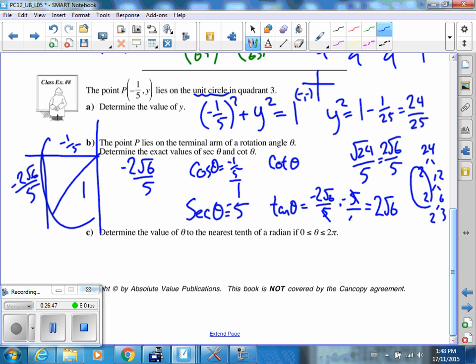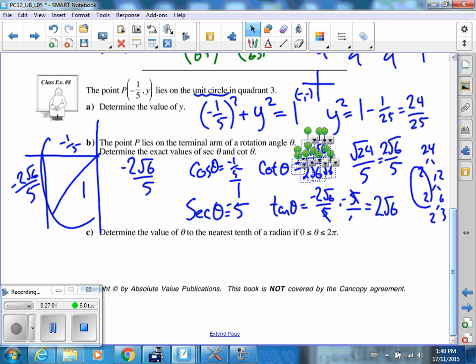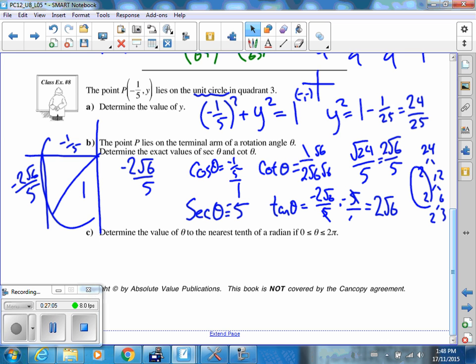And then the cotan is then 1 over 2 root 6. Rationalized is then, goodness gracious. Okay, I've got lots of stuff going on here. Let's move this over. That little shaky thing worked. Okay, so root 6 over 2 times 6, so root 6 over 12. Whew, that was ugly.